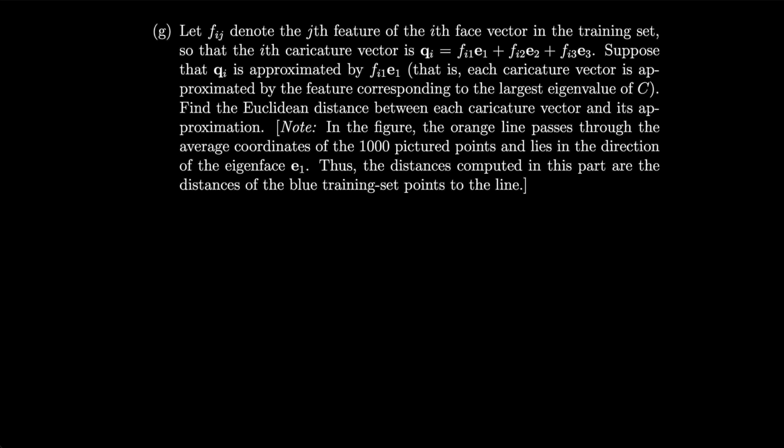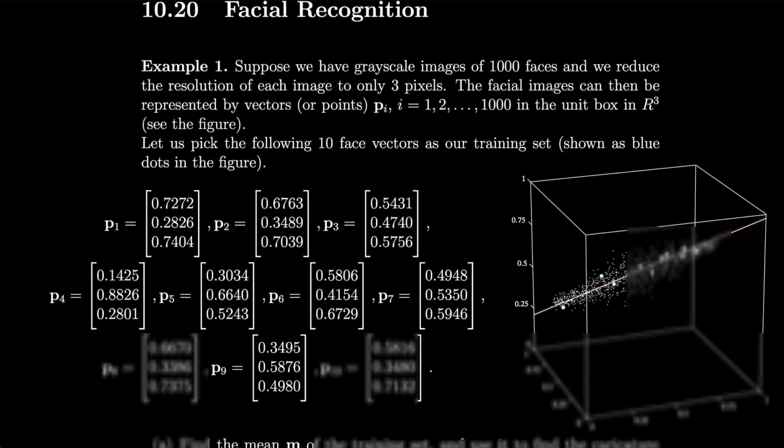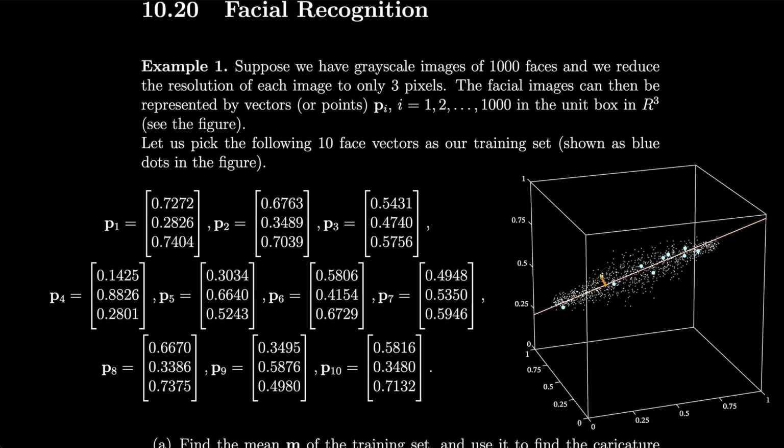Let's find the Euclidean distance between each caricature vector and its approximation. In the figure, the orange line passes through the average coordinates of the 1,000 picture points and lies in the direction of the eigenface. So the distances computed in this part are the distances of the blue training set points to the line. So we have these blue training set points over here. We're about to just compute the distance to that orange line.